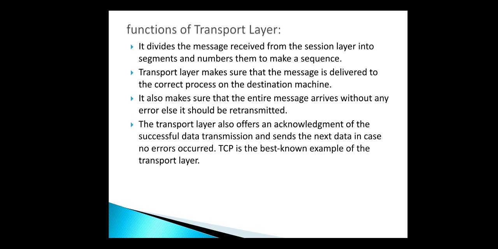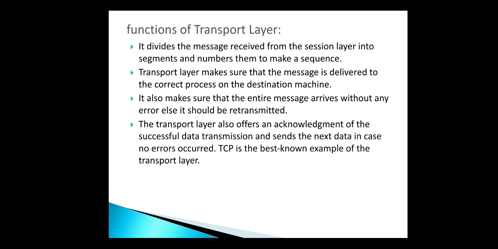The next layer, that is the transport layer, functions. It divides the message received from the session layer into segments and then numbers them to make a sequence. The functions of all these 4 layers of the TCP/IP model are similar to the functions of the OSI layers.